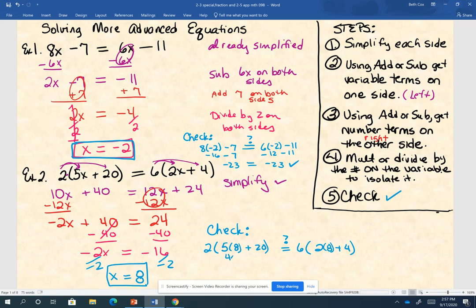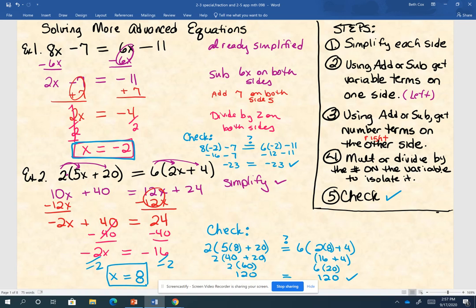So this is going to give me 40 plus 20, which is 60, and that's to be multiplied by 2. So on the left, I get 120. And on this next one, I get 16 plus 4, which is 20, times 6. That's also 120. You can check that using your calculator.